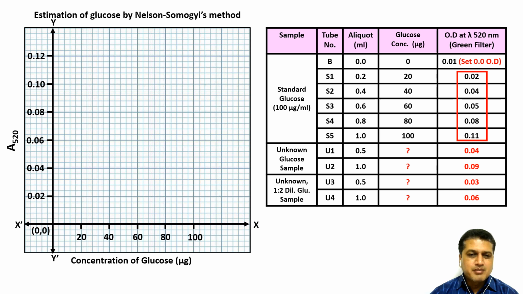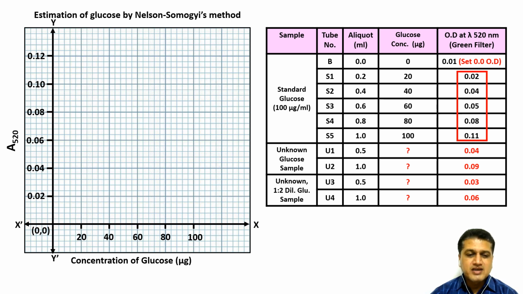Based on the maximum OD of standard samples, select the range of OD and make 5 or 6 equal divisions of it and place these values of OD in increasing order on y-axis at a distance of 1 centimeter starting from the origin.